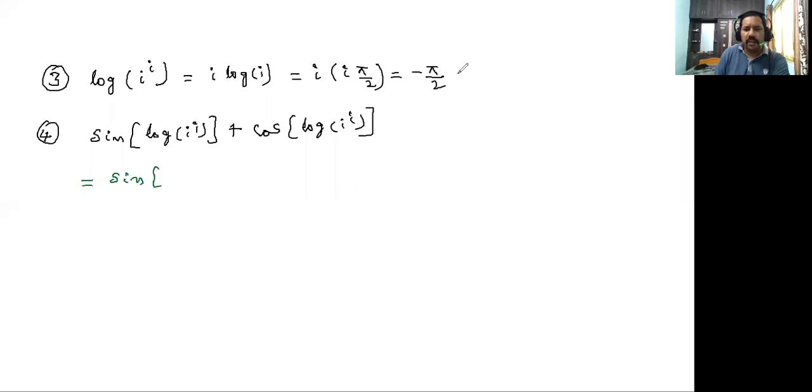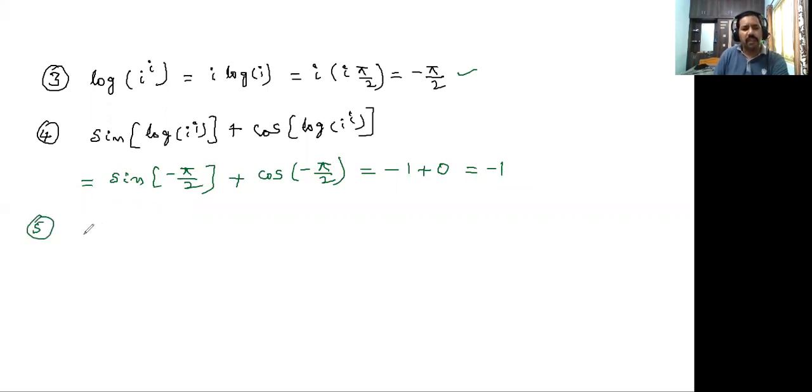Now only we got that value, it should be minus pi by 2. Substitute here. Sine of minus pi by 2 plus cos of minus pi by 2. Sine of minus theta is minus sin theta, minus sin 90 degrees is minus 1. Cos of minus theta is cos theta, cos 90 is 0. Finally, what is the answer? Minus 1.